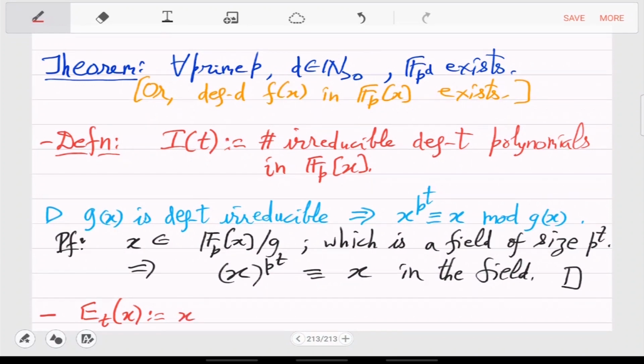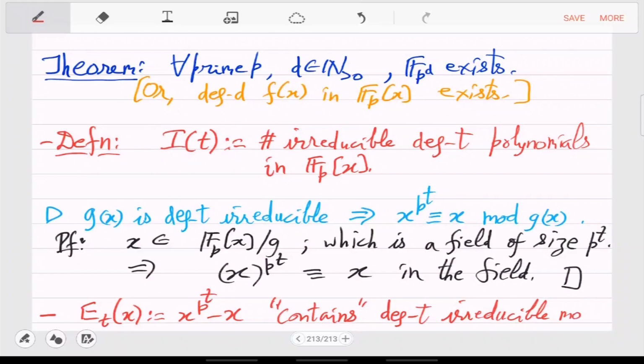So this polynomial contains degree t irreducibles mod p.